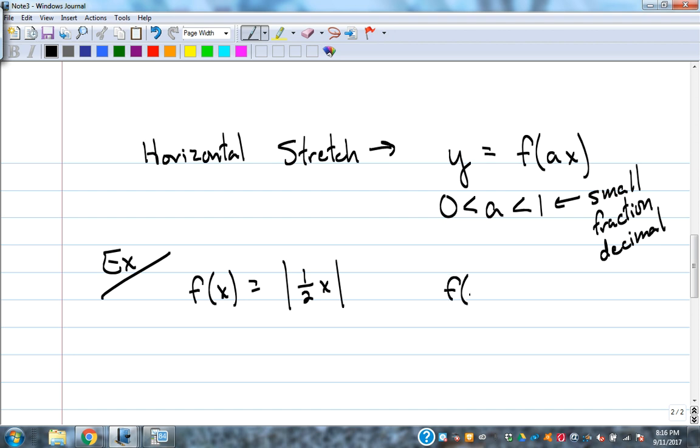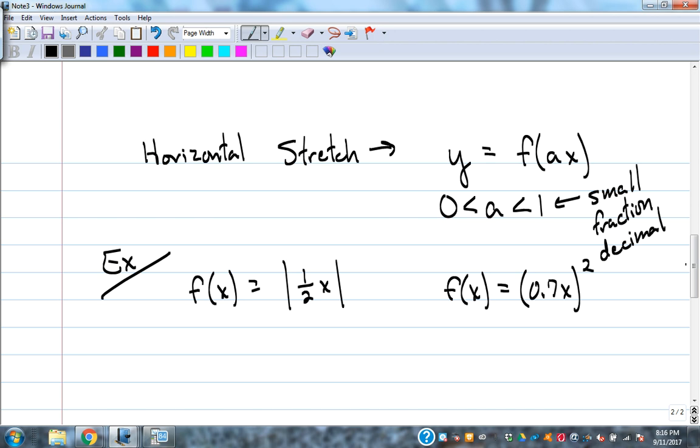Another example of a stretch would be with the x squared function. You might have 0.7x and then the squared on the outside. It happens on the inside. If it's horizontal, it happens on the inside. If it's vertical, it happens on the outside. Okay, tie those together. That carries over to the next thing that we'll do.